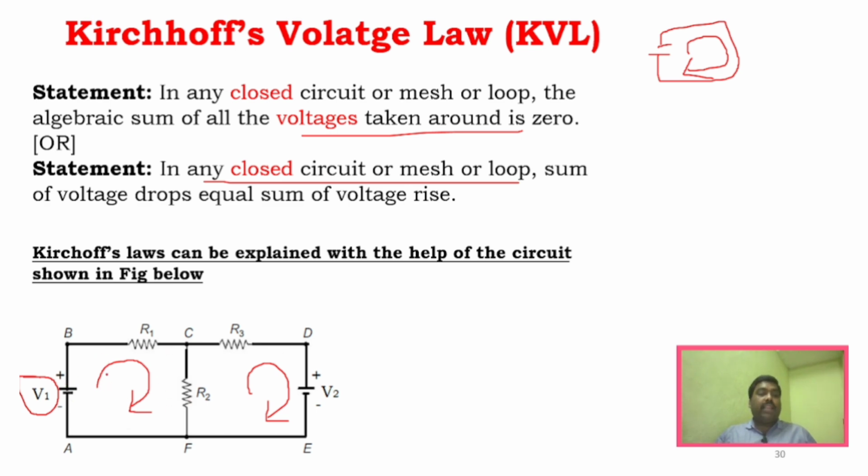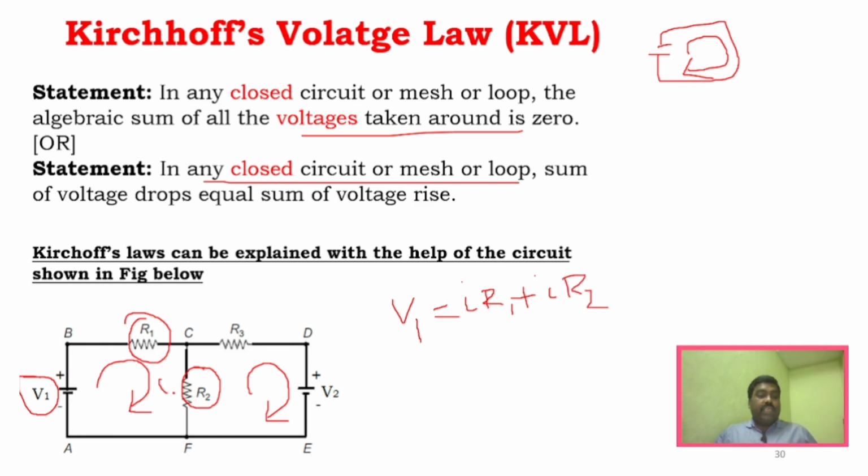So in this particular mesh, this V1 will be equal to the voltage drop across R1 and R2, right? So we can mention it as V is equal to IR1 plus IR2.